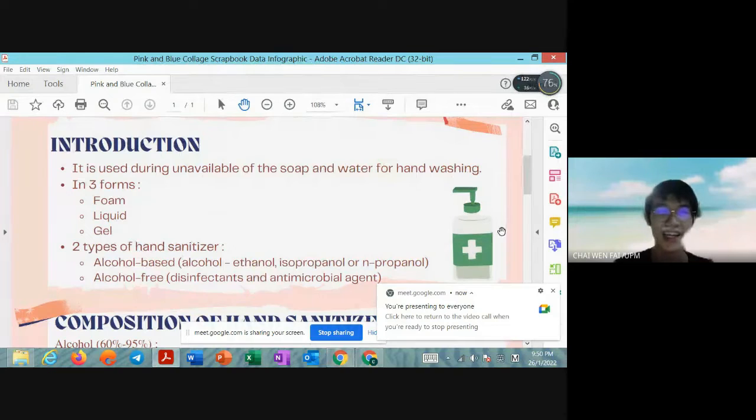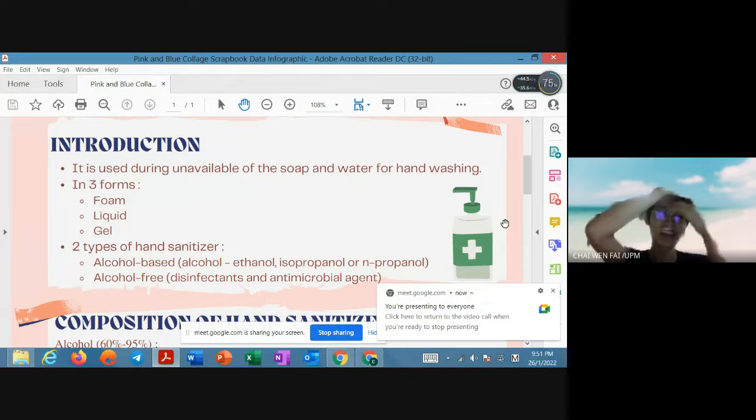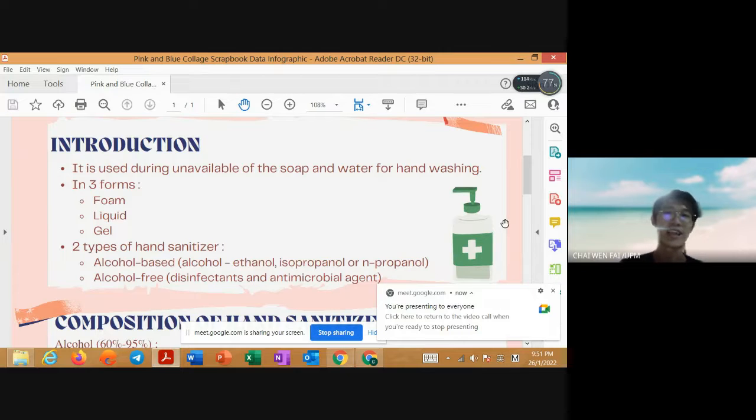Thank you, KRISHNASAMY. I will continue with the introduction for our infographic. As we know, hand sanitizer is used when we want to remove pathogens, but soap and water are more effective at removing pathogens compared to hand sanitizer.